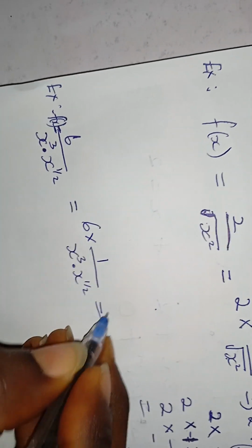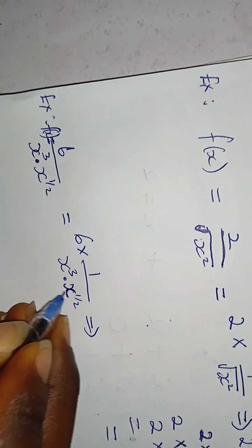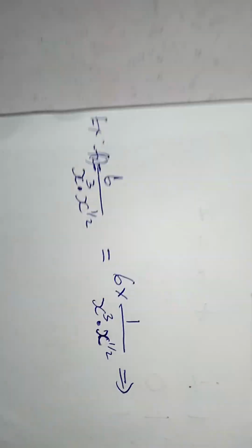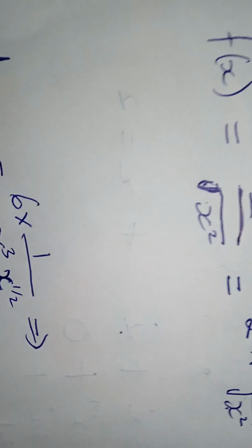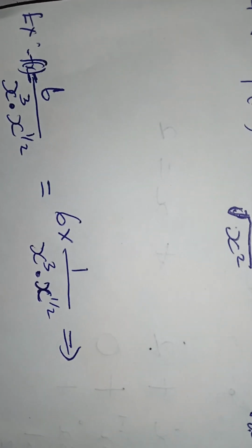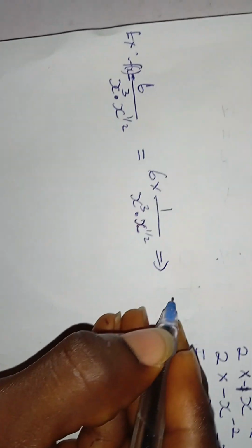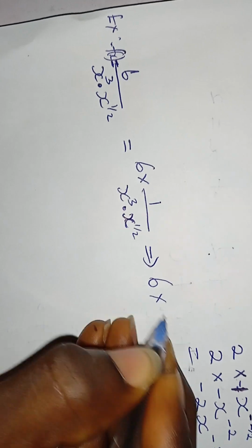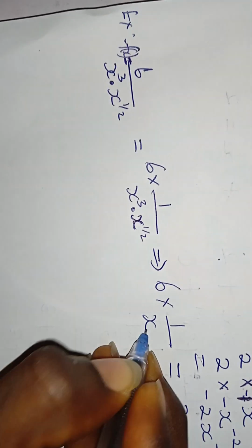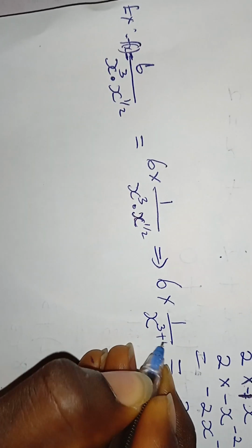Do you remember that when you have the same variable and they have powers, you just add the powers up? This is 6 times 1 over x to the power 3 plus 1 over 2.